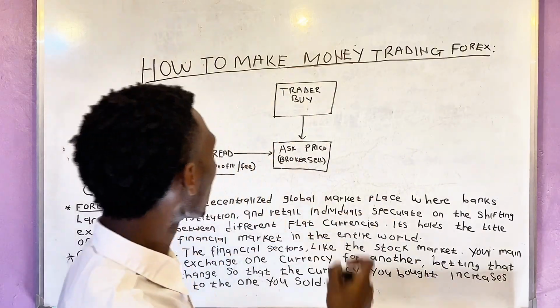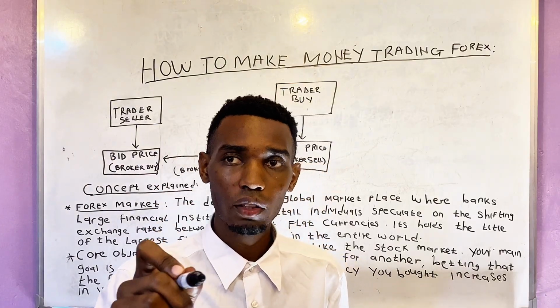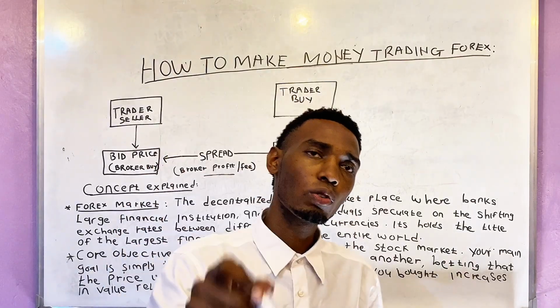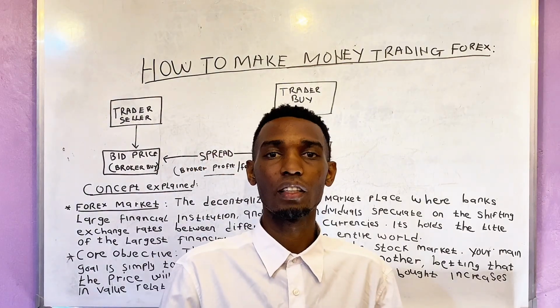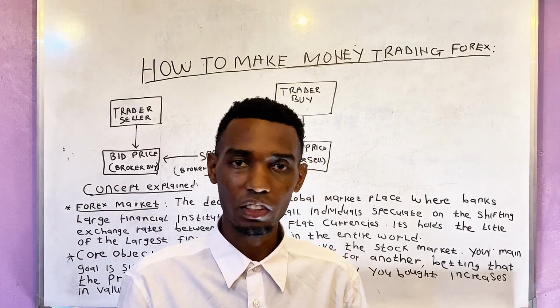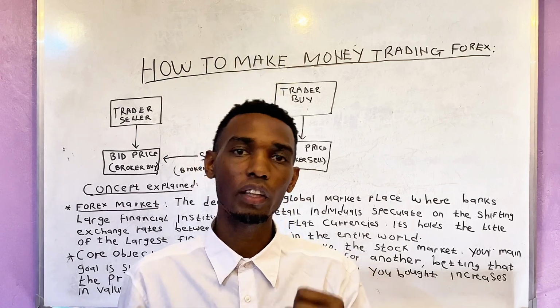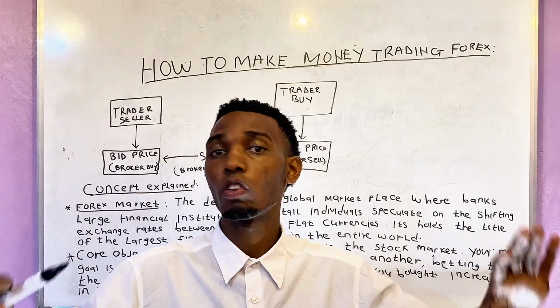Assume now you want to buy euros. You have checked the things that make currencies change in different countries. There is the part of the economy of the country. That is why, if you're a Forex trader, it is all over the globe.